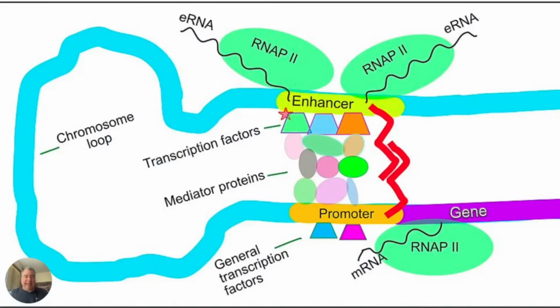So here's kind of a busy diagram, but it shows you a lot of what I've been talking about to this point. You see how the DNA here is looped. After the helicase comes through, it creates a loop. And you can see the enhancer region, okay? That's many base pairs away from the promoter, but the looping function brings those into relative proximity, okay? And then you see the promoter, okay?